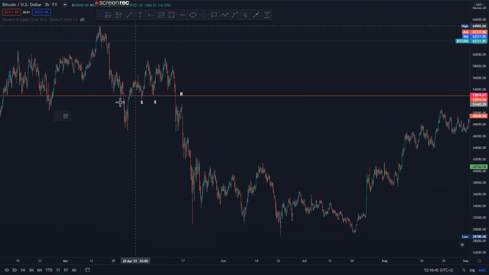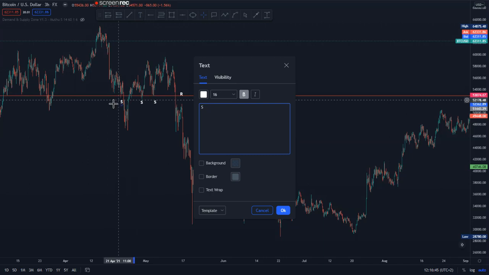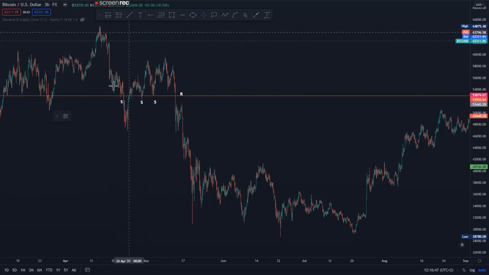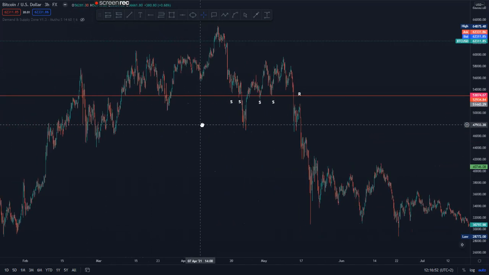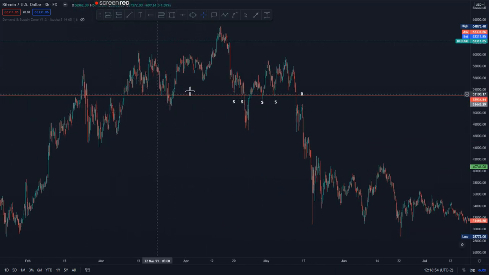You see what is happening here? This was support. This was support as well. You see, a lot of the time the market had a lot of contacts with this level on several occasions. So this was support, this was support, and this one was resistance, and this one again was resistance.